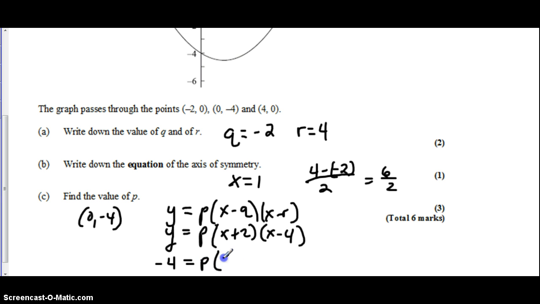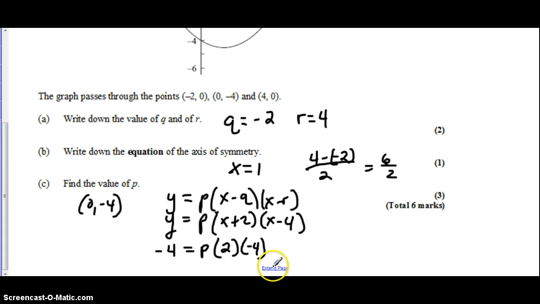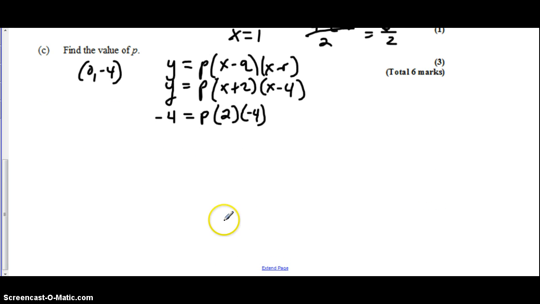So 0 plus 2 is 2, 0 minus 4 is -4. So -4 equals p times -8. So p would be 1/2.